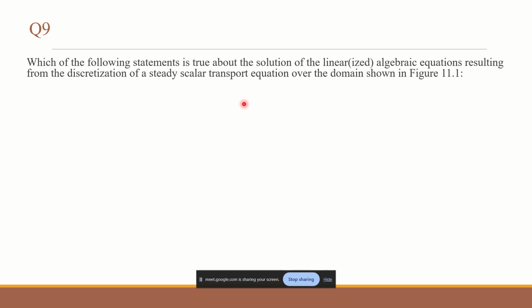We will see the options. First one, SOR method can be used. Second one, alternating direction implicit, ADI.